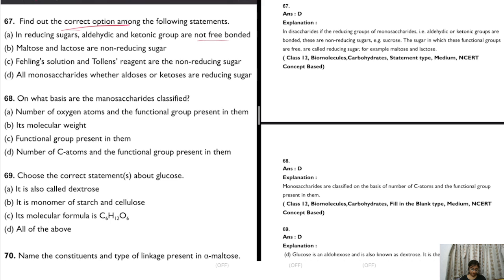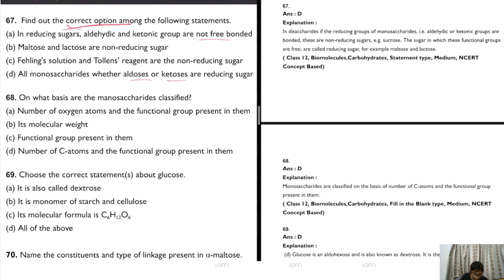All monosaccharides, whether aldoses or ketoses, are reducing sugars. What happens is we have to select the correct thing, right? So the answer would be this, others are wrong.